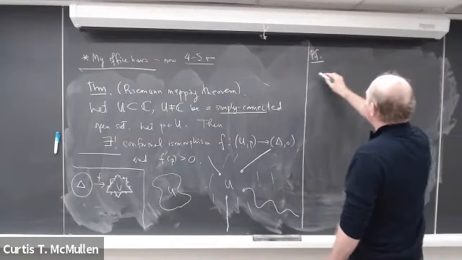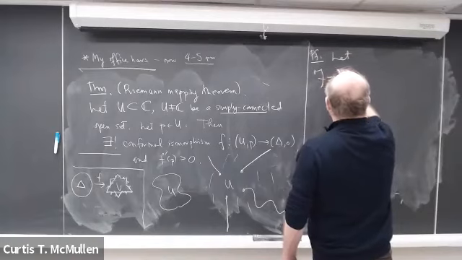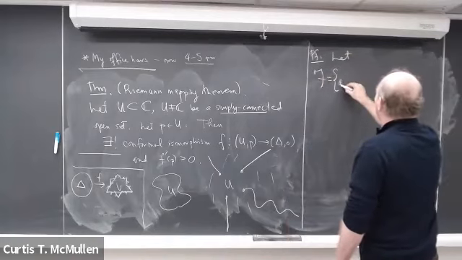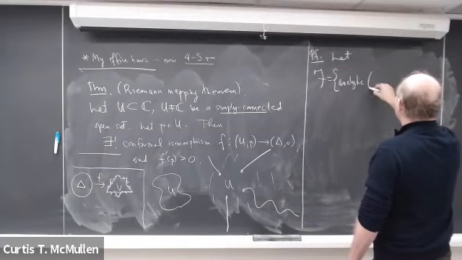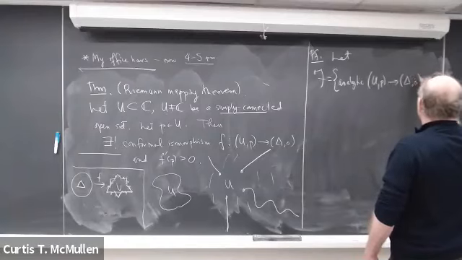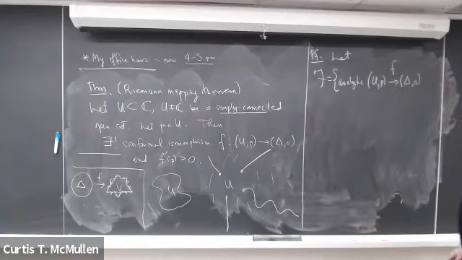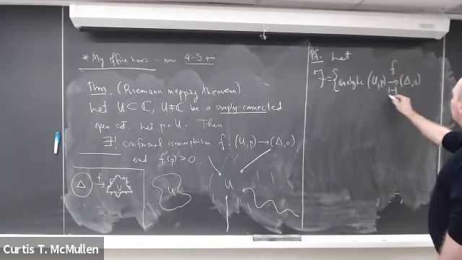So we start by defining a collection of mappings. We let F be the set of all analytic maps from (U, P) to (Δ, 0), call them F. And we require not that they're isomorphisms, but we will require that they're one-to-one.